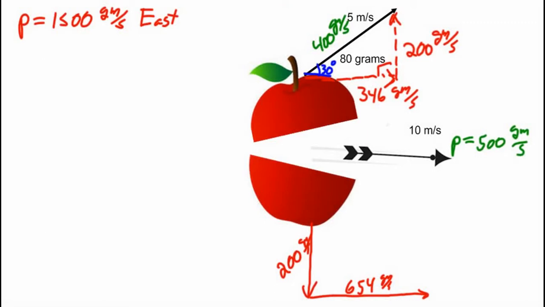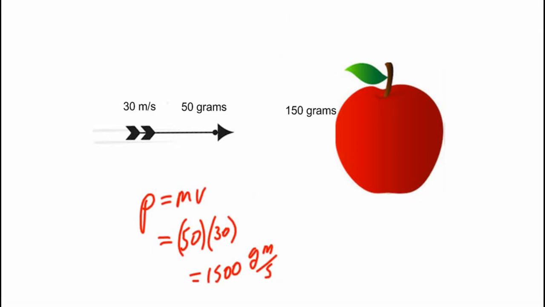And if we add all three of those together, we should get the total momentum east being exactly the same as our 1500 that we had while the arrow was on its way to the apple.